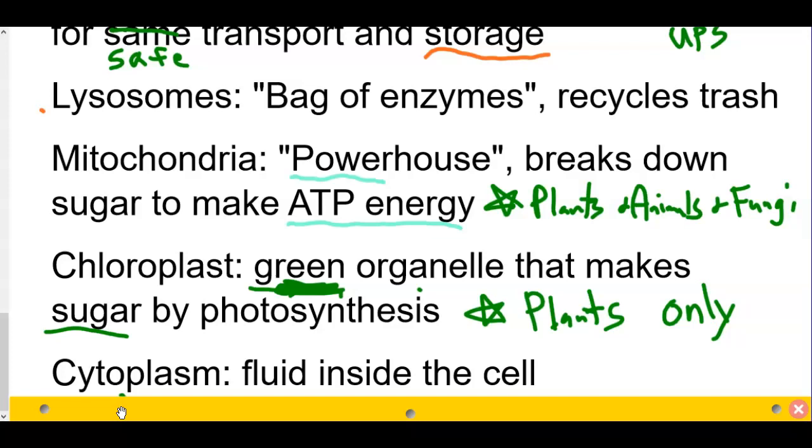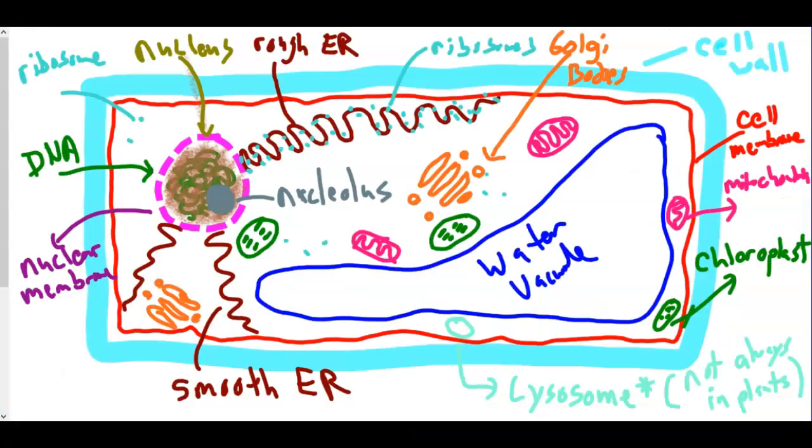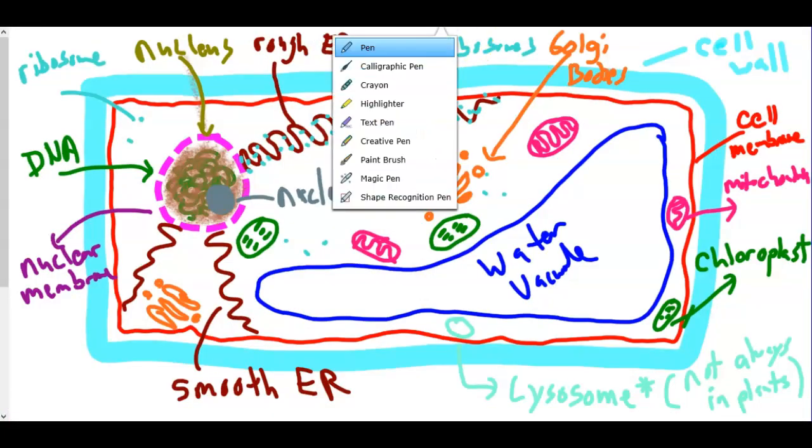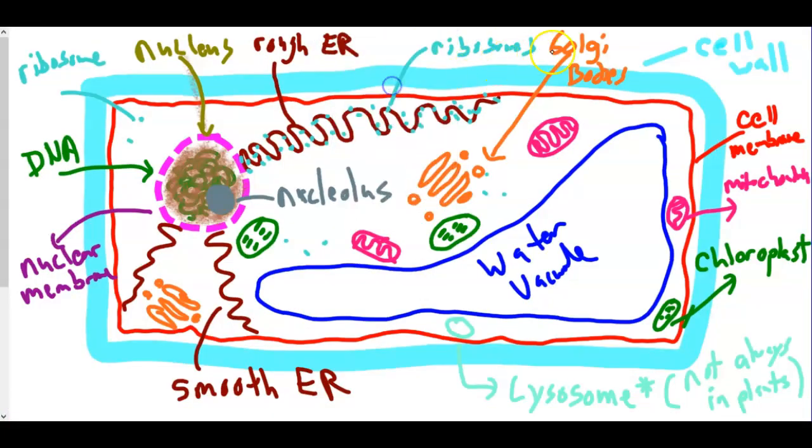So you kind of have to decide how you want to do this inside your picture. What I'm going to do on the computer here is change to a crayon and do just kind of a light crayon background. And the cytoplasm is going to be all inside the cell membrane. So all of this area.